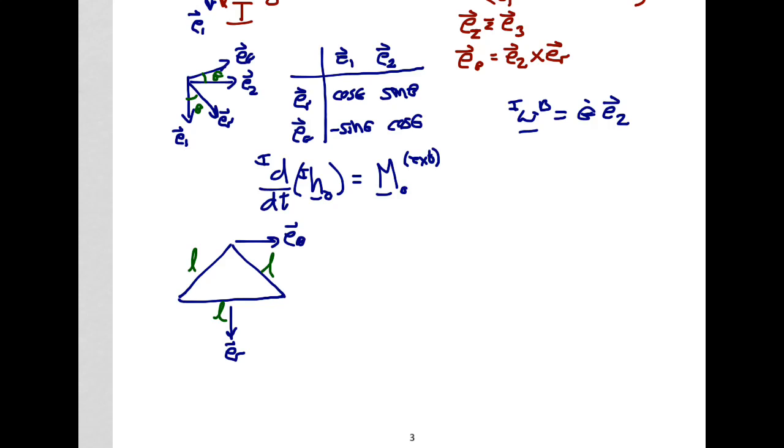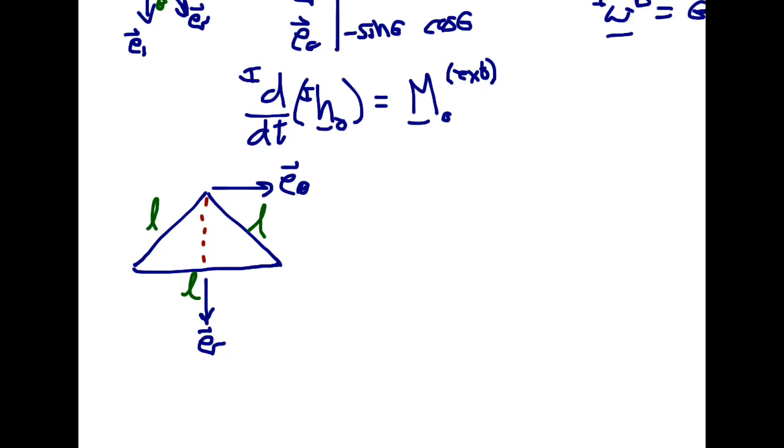And so this equilateral triangle, we can express this as just a 30, 60, 90 triangle.